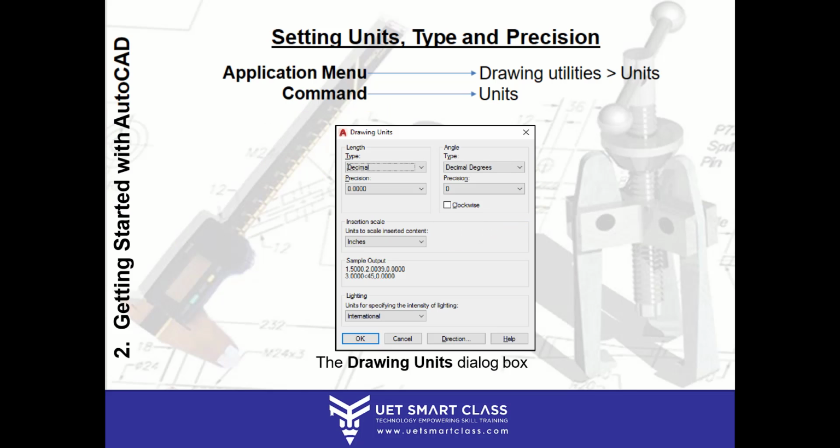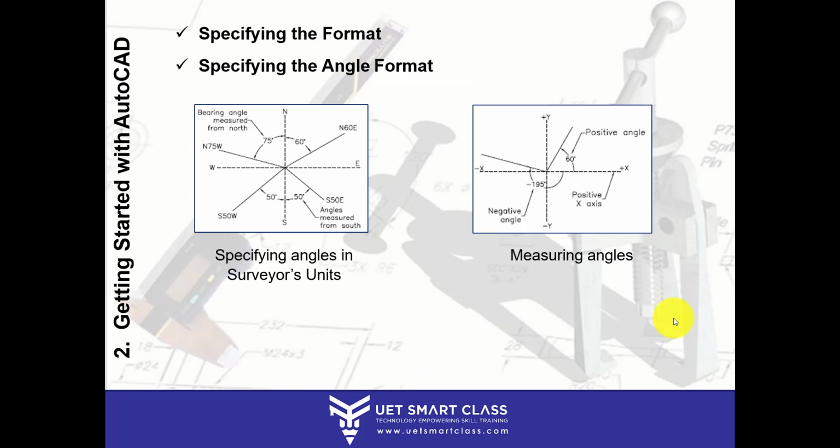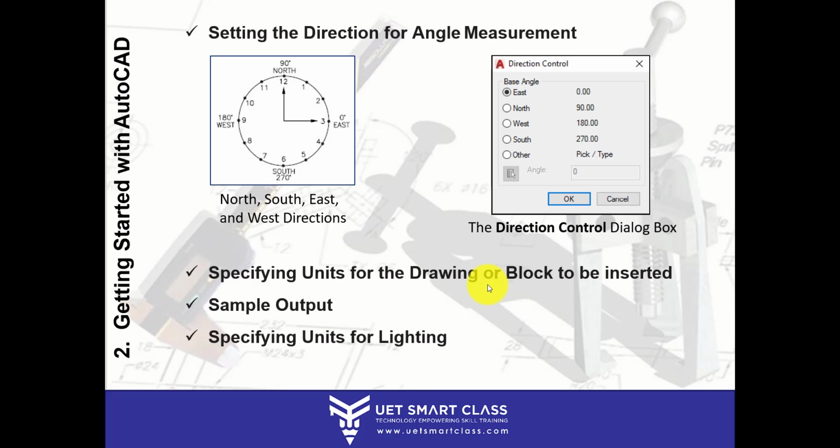So you can start from the application menu or type command units or UN enter. This is a dialog box which we discussed. The format, that is the type and precision of length and angle. How to specify the angle format, I've already shown you. Angle also has the 5 types. This is an example of surveyor units. Okay.